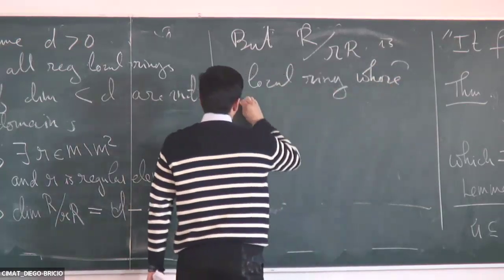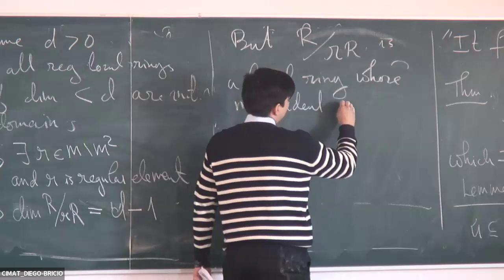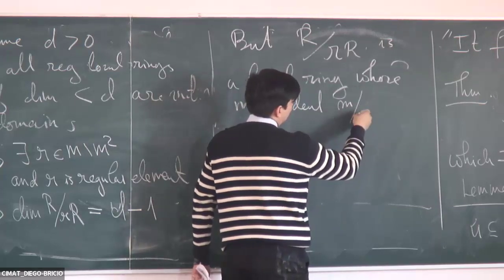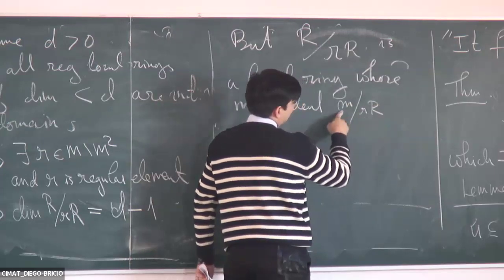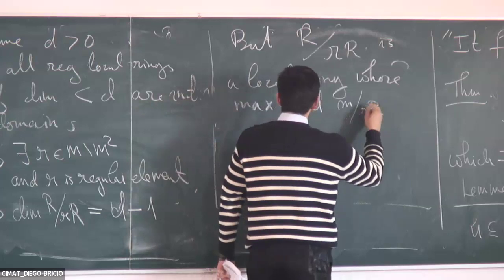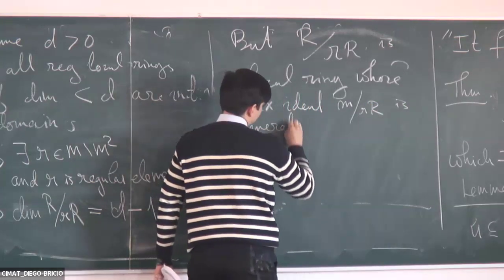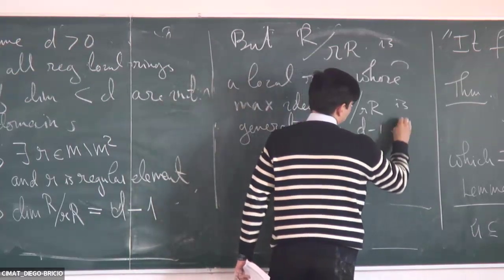whose maximal ideal, which is just M modulo R, you know, like this ideal is inside here, and you just kill R, right? Is generated by D minus 1 elements.